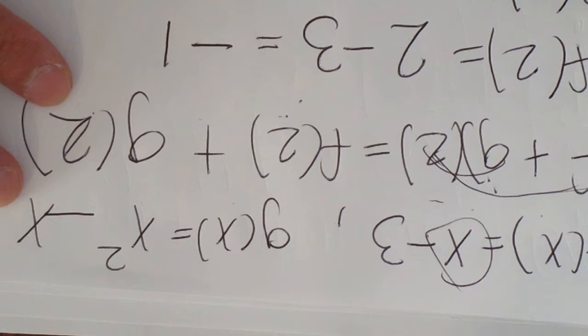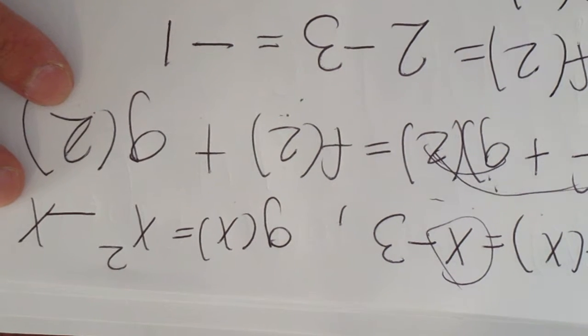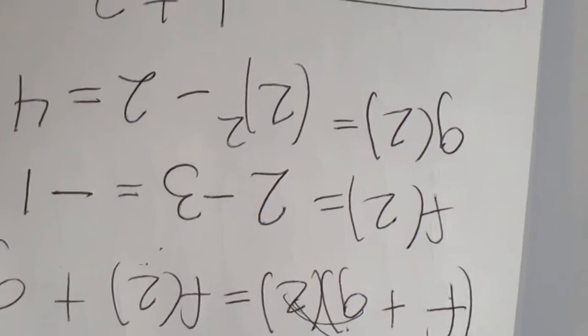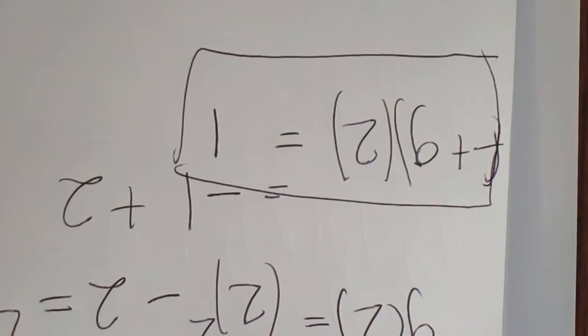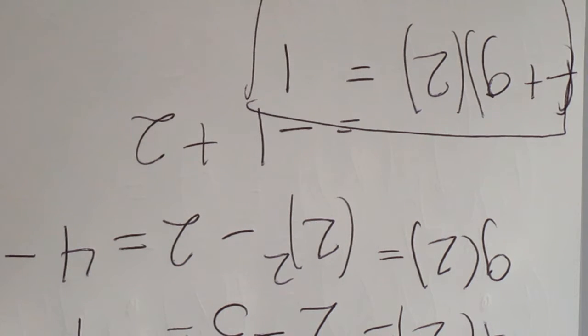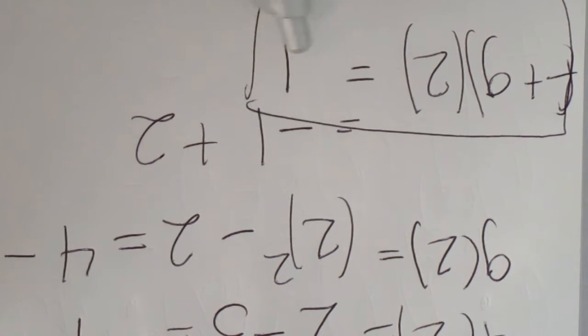So your final answer is f plus g of 2 equals 1. So we just plug it into the function, and then we just add the answers, and we got 1. Pretty self-explanatory.